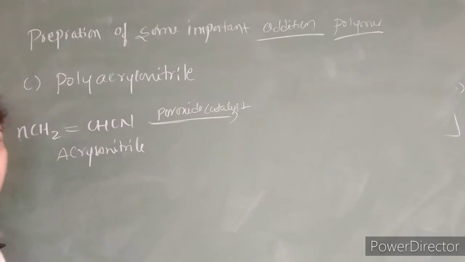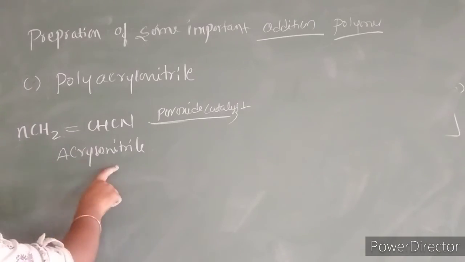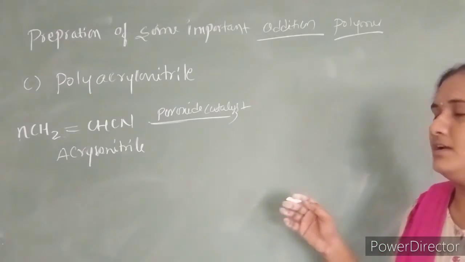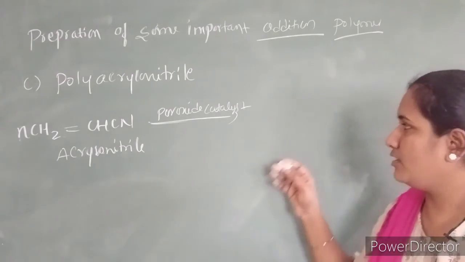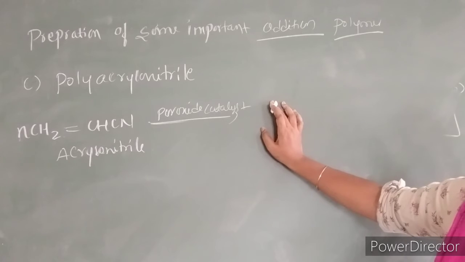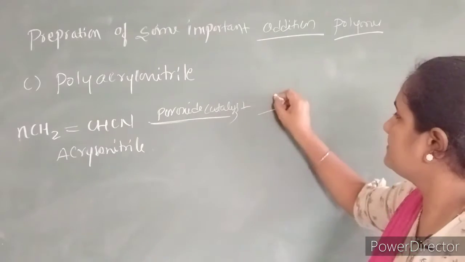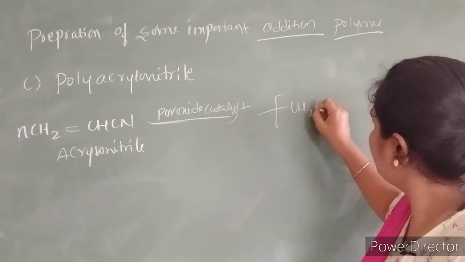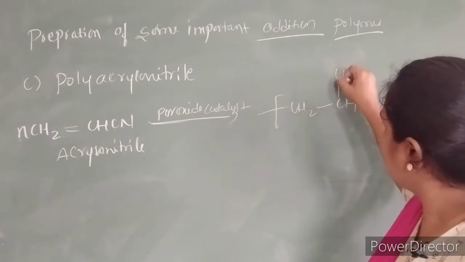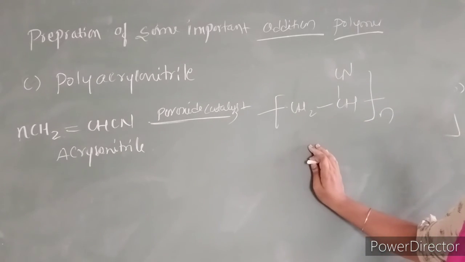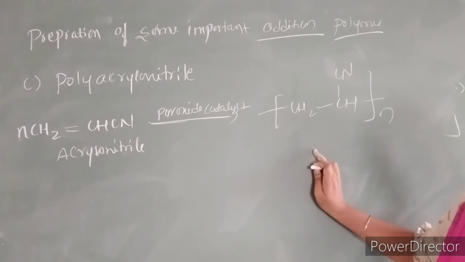So here also n number of acrylonitrile molecules react with each other, added through covalent bonds, and we get the formation of a long chain of polyacrylonitrile. Here CH2=CH-CN is the repeating unit, or monomer.